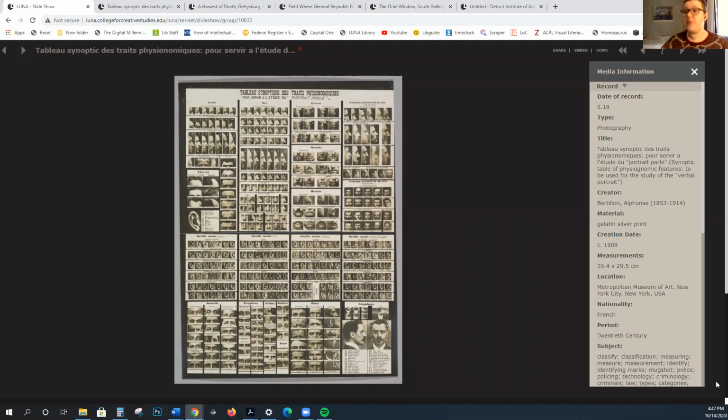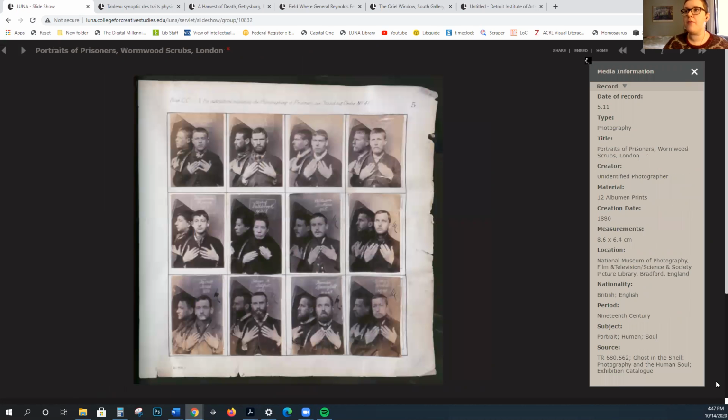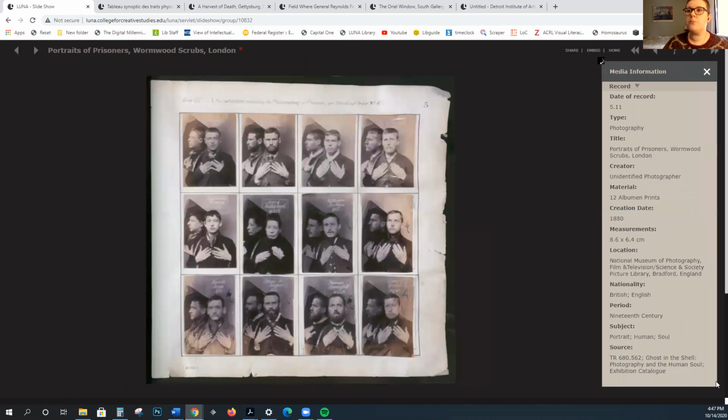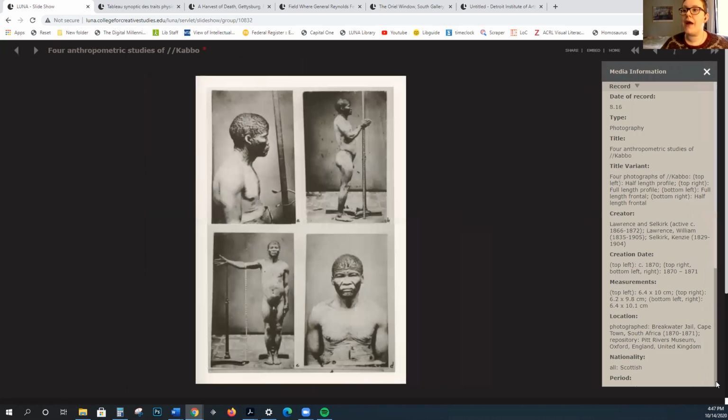And so photography is really helping science. And it is also being used for criminal justice purposes, and it's also being used for more nefarious purposes, for scientific racism, like we talked about. And in instances where people were being photographed to prove that they were a lesser life form, they were actually told not to make eye contact with the camera, so that they wouldn't make eye contact with the viewer.